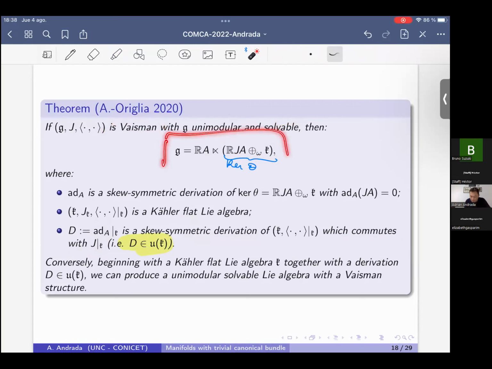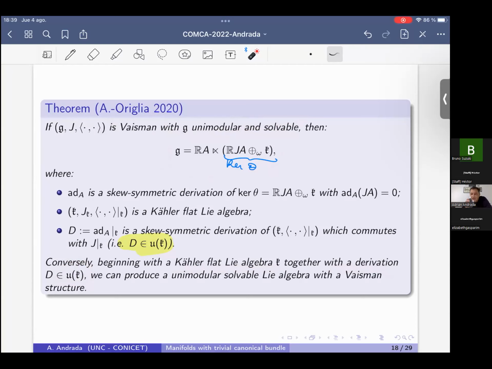This is quite precise because also we can go in the other direction. If we begin with the Kähler flat Lie algebra together with a derivation which is in the unitary group, then we can produce a unimodular solvable Lie algebra with the Vaisman structure. Well, and there are many examples of this. We have a lot of examples, and many of them have lattices.